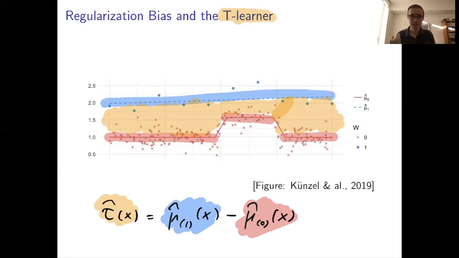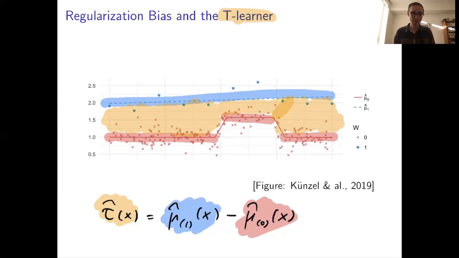You regularize your function on the treated a lot and very little on the controls. And then just because you regularize this part of the difference very little and this part of the difference a lot, you inconsistently regularize tau hat, and this heterogeneity emerges somehow, apparently, in the difference, and that's no good.